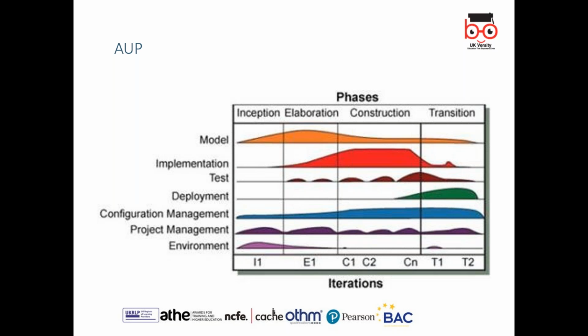But the way unified process works is that from the model, you move to implementation, and at the same time, you move into testing, but you're still improving it. You don't stop. You keep going, and at the same time, you're improving the errors. They all have to keep being executed, and at the same time improved.